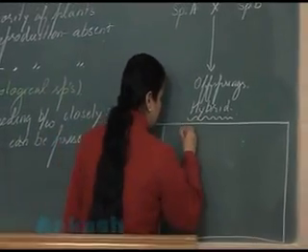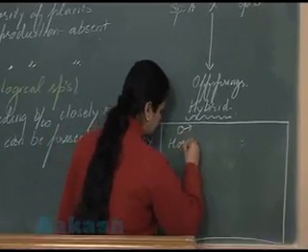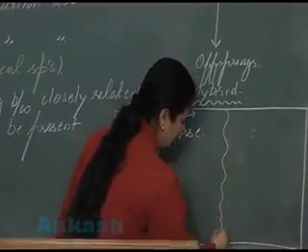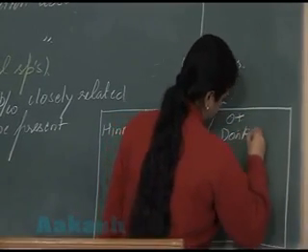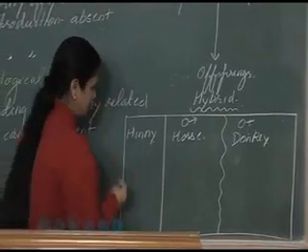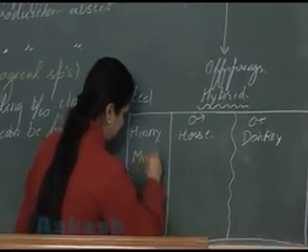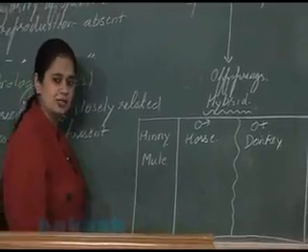Hinny is formed by interbreeding between the male horse and female donkey. Next hybrid is mule. Now the condition is reverse.